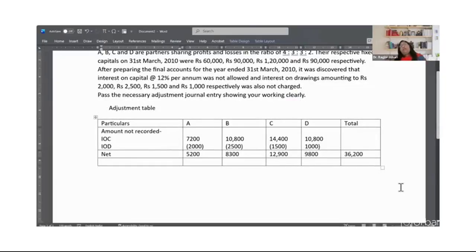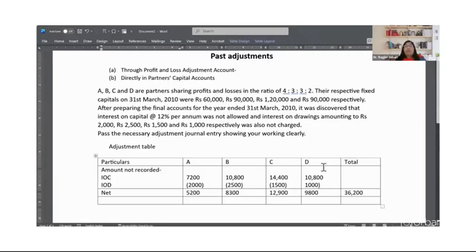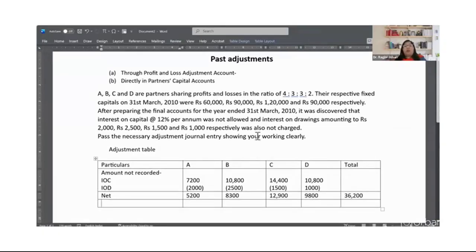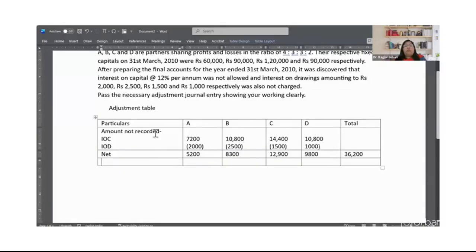Whatever is the profit of the firm is distributed among the partners in their profit sharing ratio. So if this amount was not recorded or distributed to the partners in this proportion, then how was it distributed? It was distributed in their profit sharing ratios. Clear? Okay.